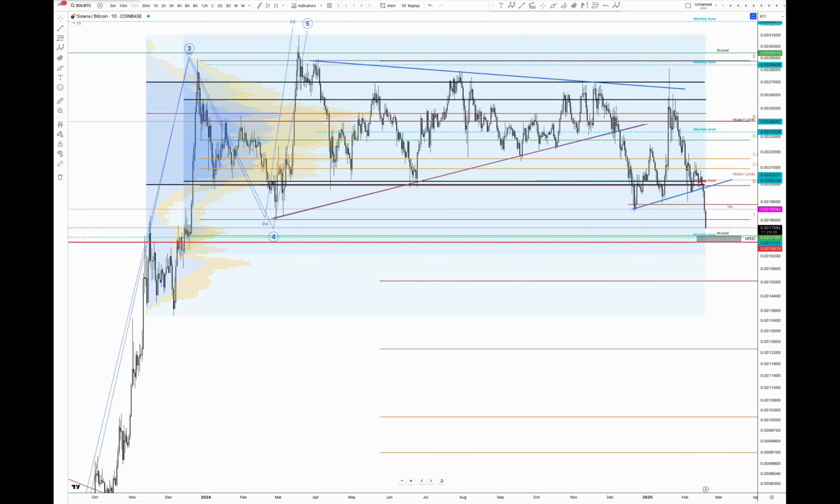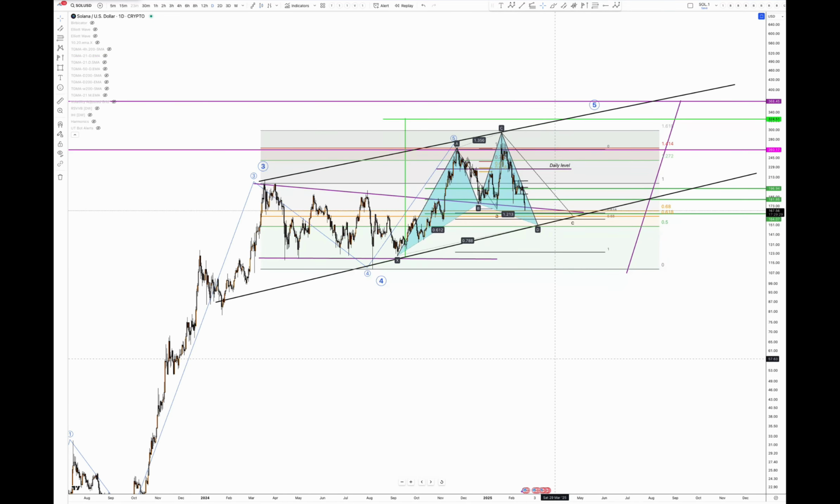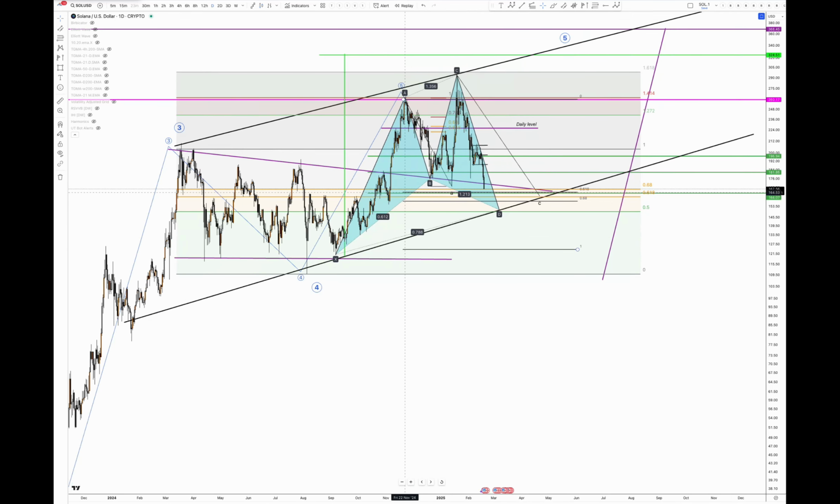So if we look at Solana against the US dollar, we have this up channel, and I'm thinking this harmonic might play out. So it's coming down, and I do feel like it should take out those lows, and it's likely to come down to this 0.5, not this golden ratio, but the 0.5, and get a response. So I'm looking for that.